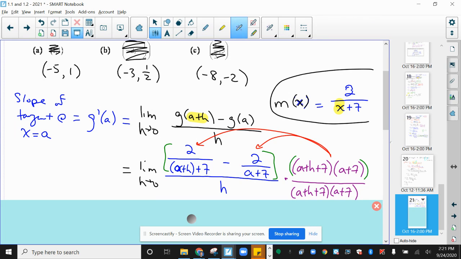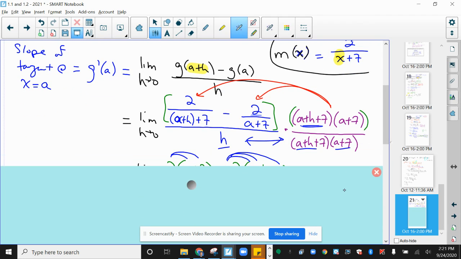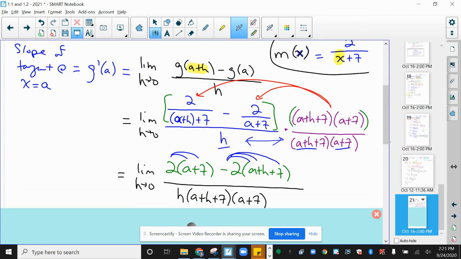When it carries itself onto the first, the a plus h plus 7s get canceled, and you'll just have 2 times the binomial there. When it carries itself onto the second, the a plus 7s cancel, and you'll have 2 times the trinomial there. And in the bottom, you just have h times this bracket times this bracket. You're not going to expand. So that's what it looks like on the next line.